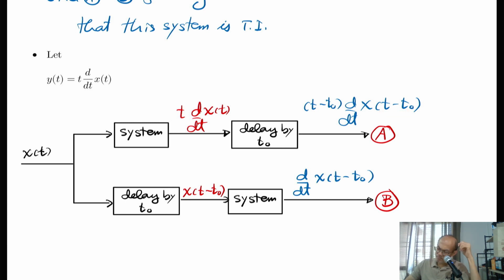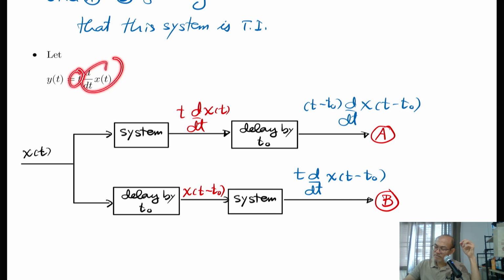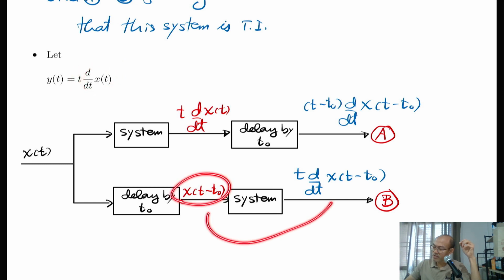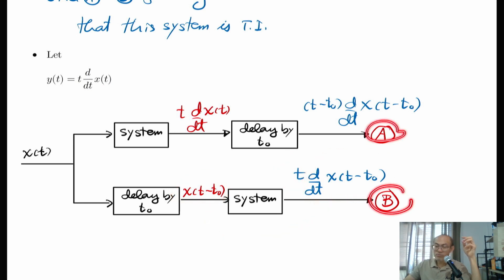Now in the lower path, we delay the input by t0 first. Then what the system does is take whatever the input is and multiply by t. So we multiply and take the derivative: the output is the product of t and the derivative of the input, but the input is this delayed signal. Take the first derivative and then multiply by t. You see that in this case a is not equal to b, as long as t0 is not 0.